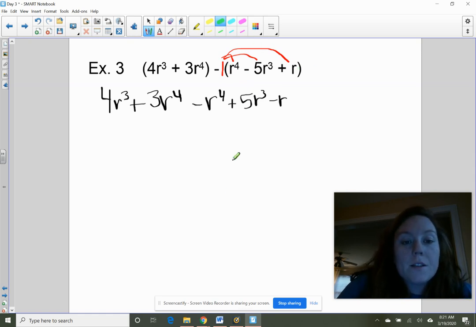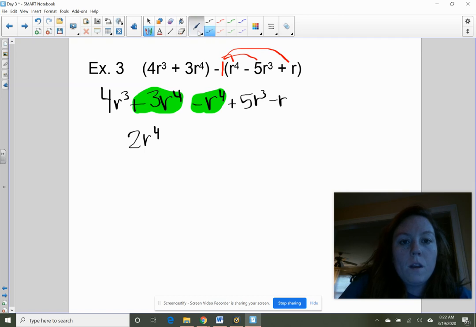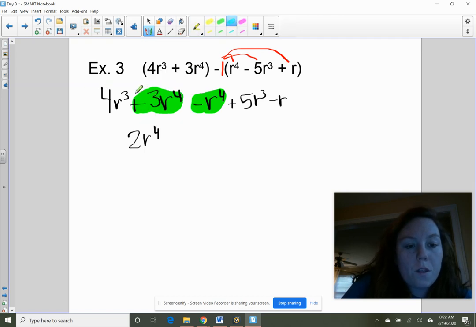Now let's start combining like terms. My highest exponent I see is 4, so I'm going to start there. So I have a positive 3r to the 4th, and I have a minus 1r to the 4th. So that makes 2r to the 4th. Okay. Next, my highest exponent is the 3.